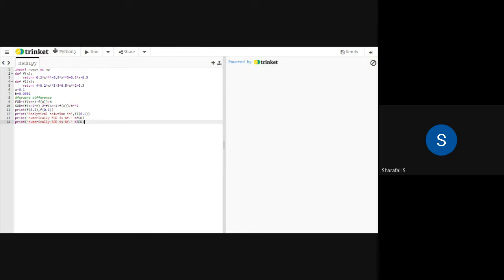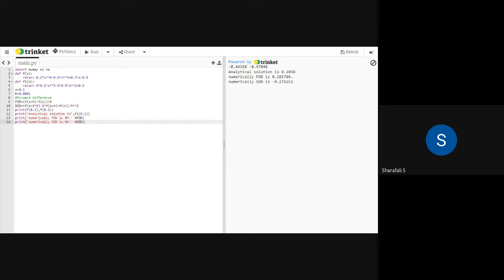That is no problem. You can format that, there are different printing methods available. So I will just run this program, and you can see these are the values.